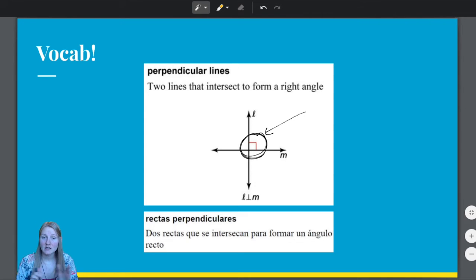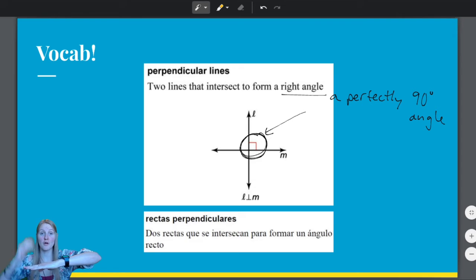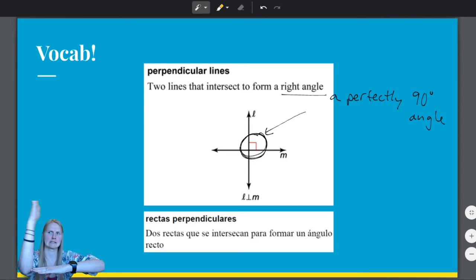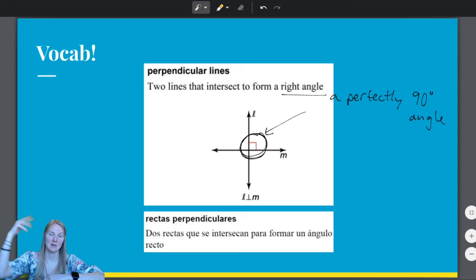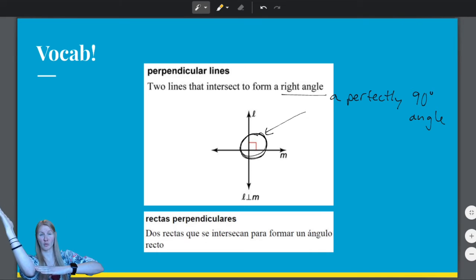A right angle is a perfectly 90-degree angle. So think about the floor and the wall, right? The wall doesn't slant inward unless maybe you're up by your roof. But like the walls in our school building, they don't slant inward, they don't slant outward, they are perfectly straight up and down.